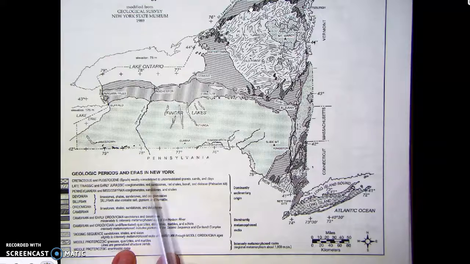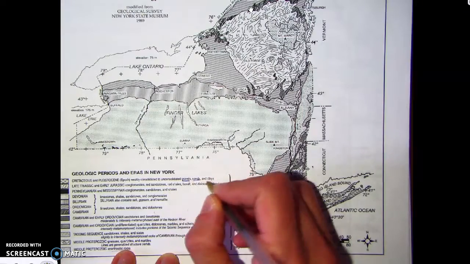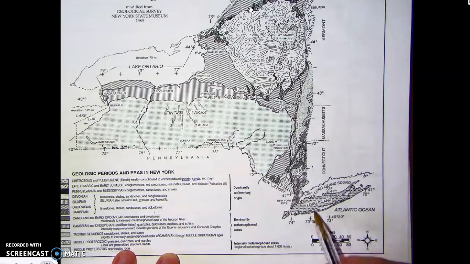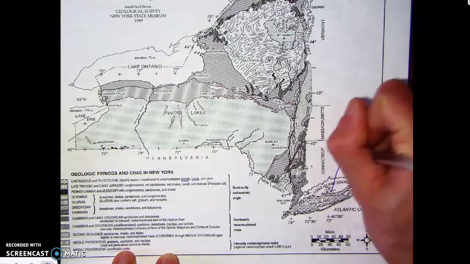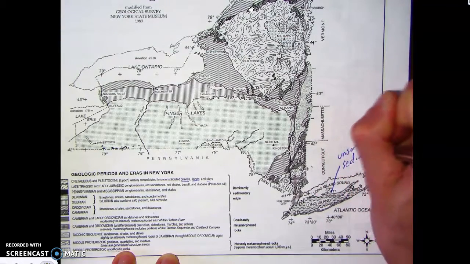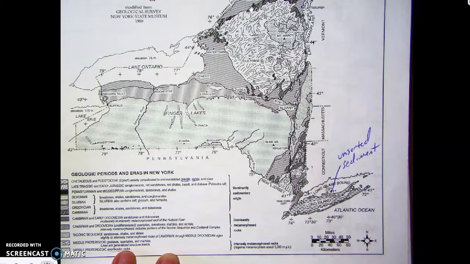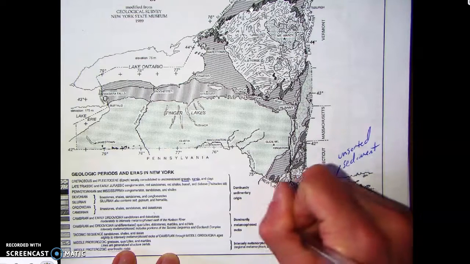That's something we'll talk about when we do Earth history. But more importantly, it says weakly consolidated to unconsolidated gravels, sands, and clays. What this means is this is a mixture of unsorted sediment. If you were to dig a hole in Long Island, you would find unsorted sediment. You would find gravel, sand, silt, clay, all mixed together. Long Island is a terminal moraine.